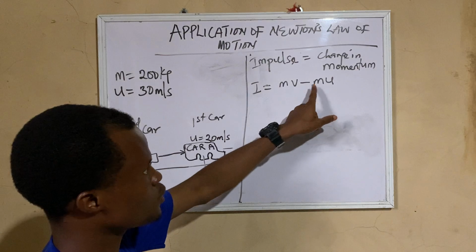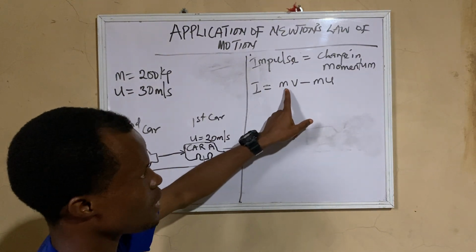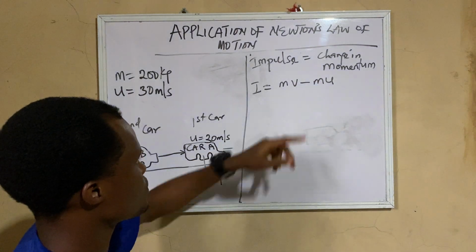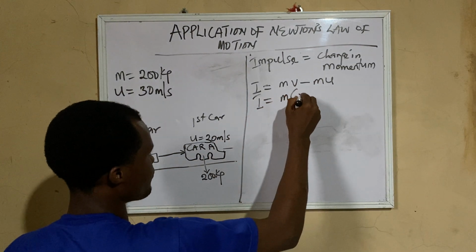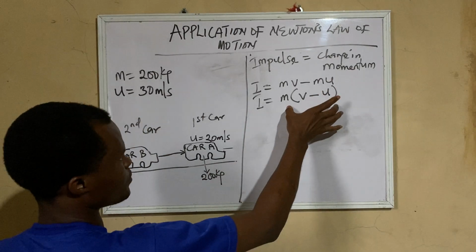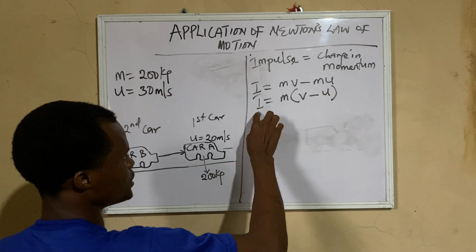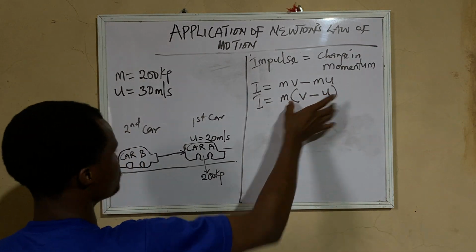When there's a change in momentum, it means a change in velocity as long as the mass is constant. So we have I is equal to m into bracket v minus u. So that is the formula. This is the impulse: m times (v minus u). This is the change in momentum.